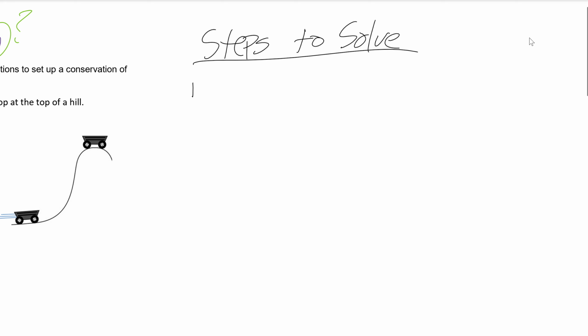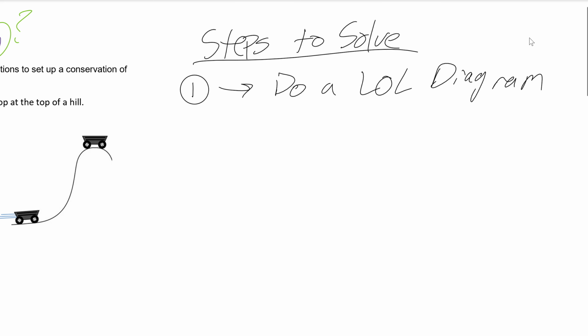So step one, you're going to do a LOL diagram. Okay, that's going to help us get an idea of how to set up the problem, and not only the problem, but it's also going to help us with the equation. And then step two, we're going to set up the equation.